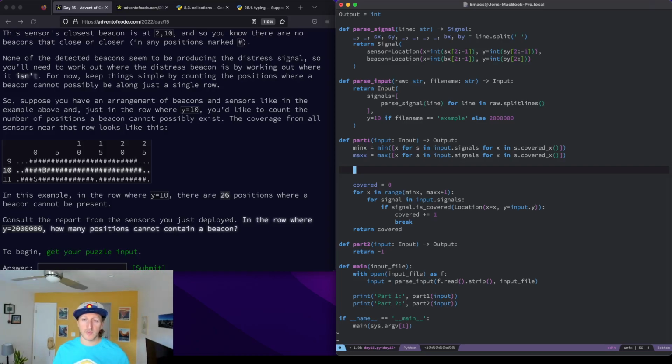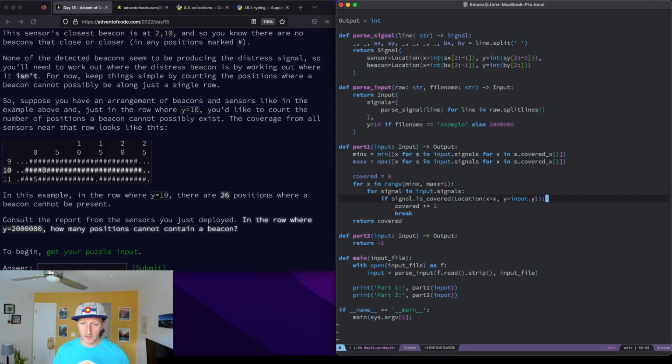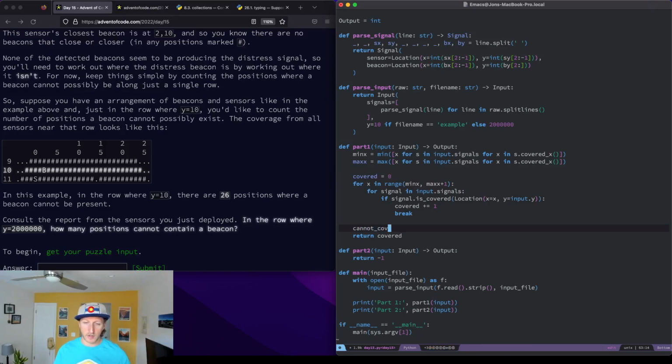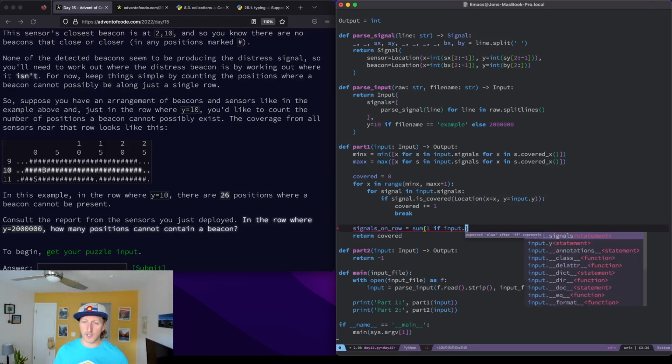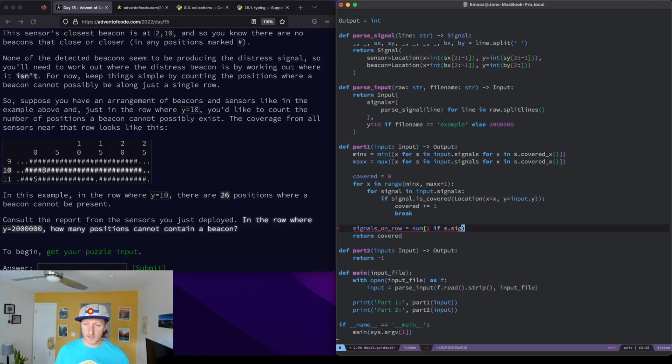So cannot cover equals sum of signals on row, which is sum of 1 if s.sensor.x equals input.x and s.sensor.y equals input.y, else 0, for s in input.signals.